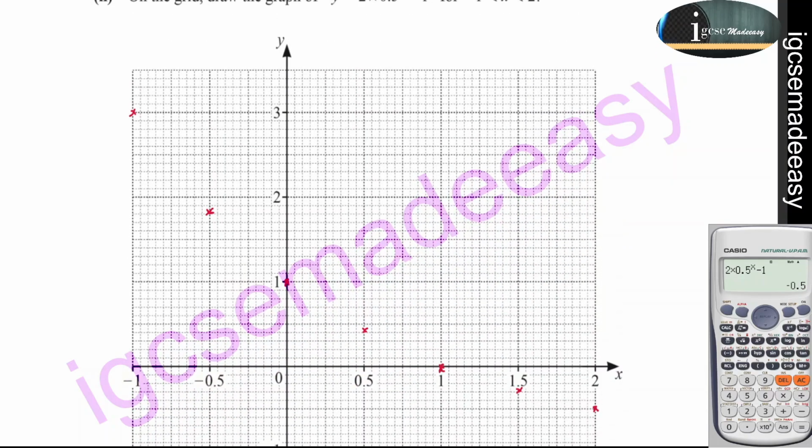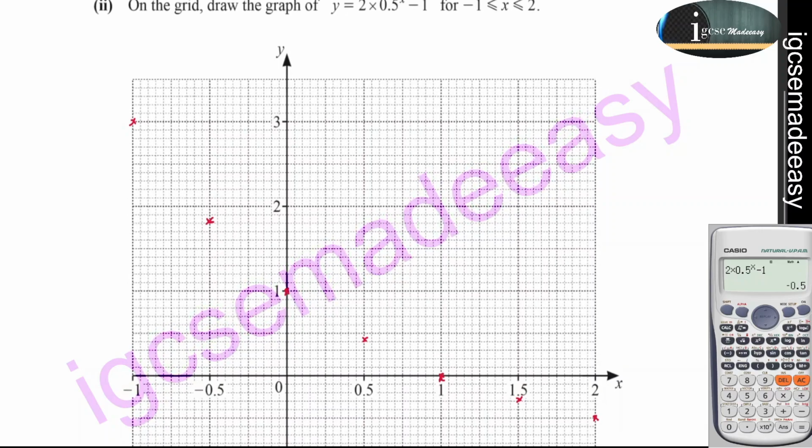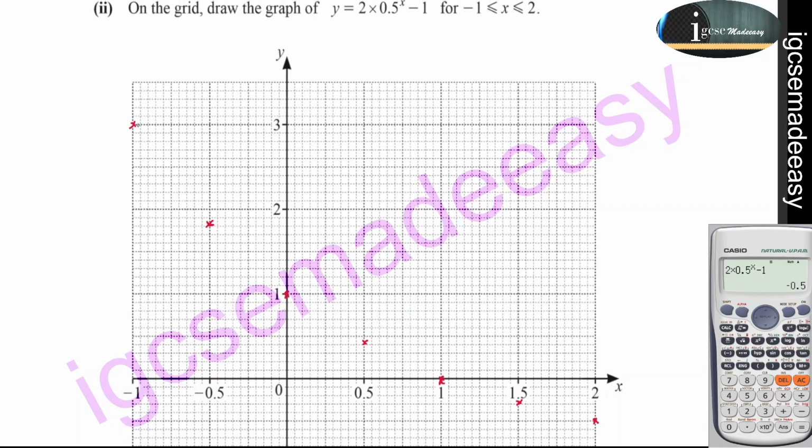So let's join the graph. We have to draw a smooth curve on it. Let me use another pen. A smooth curve is actually drawn freehand.